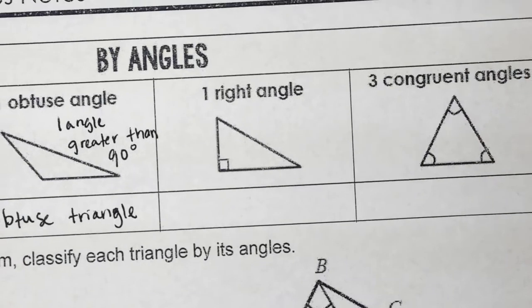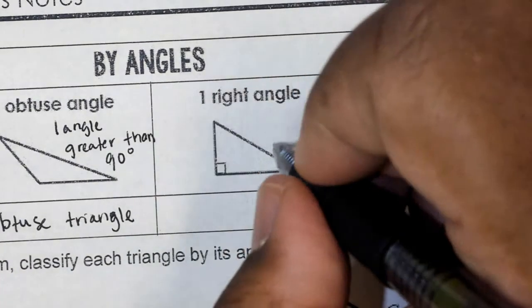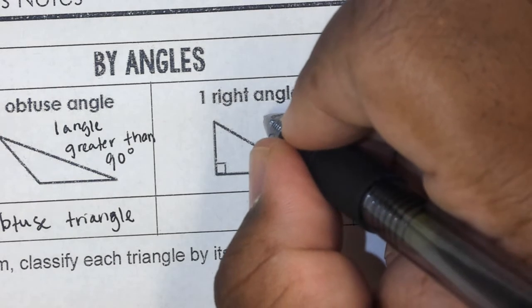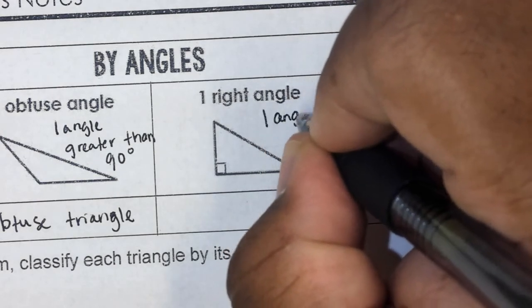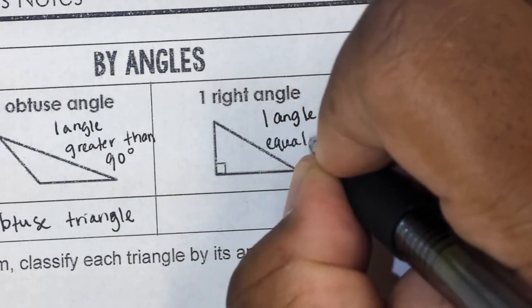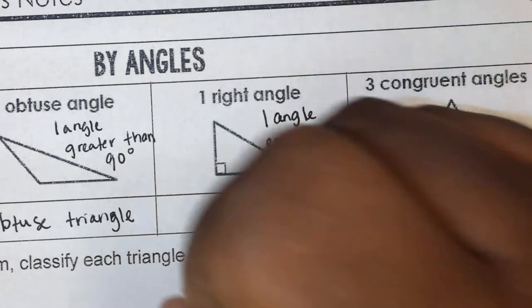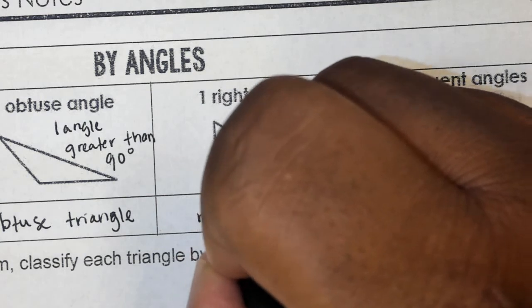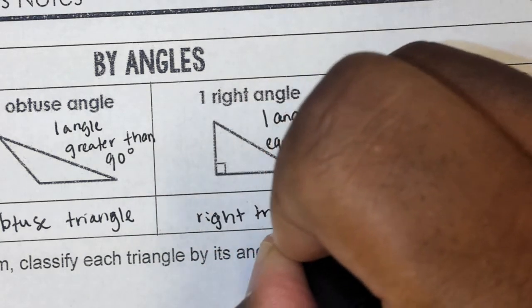Obviously, we all should know what a right triangle is. Right triangle, one angle equals 90 degrees.